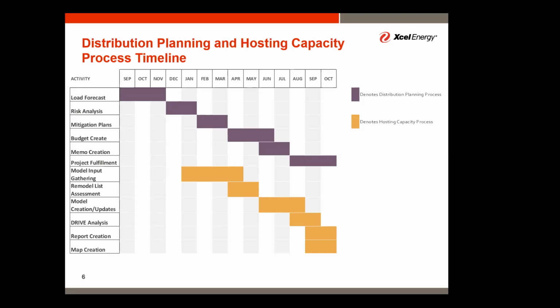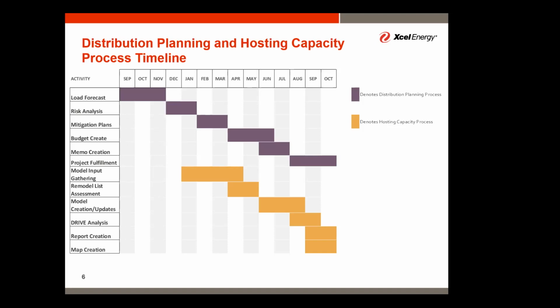Based on this risk analysis, planners create mitigations, which are budgeted and reviewed by other engineers and design. And so as you'll see, load forecasting takes us from September through November, risk analysis from December through January, and mitigation planning from February through March.